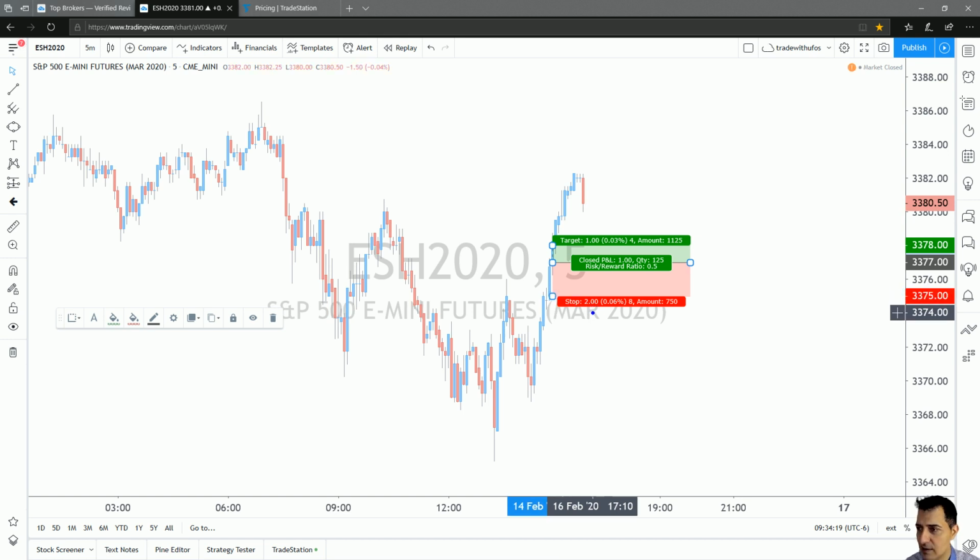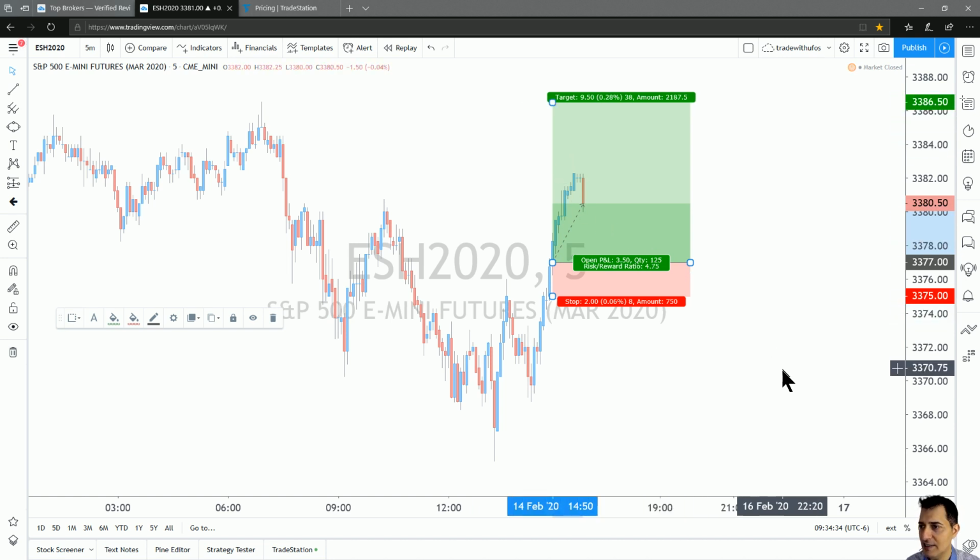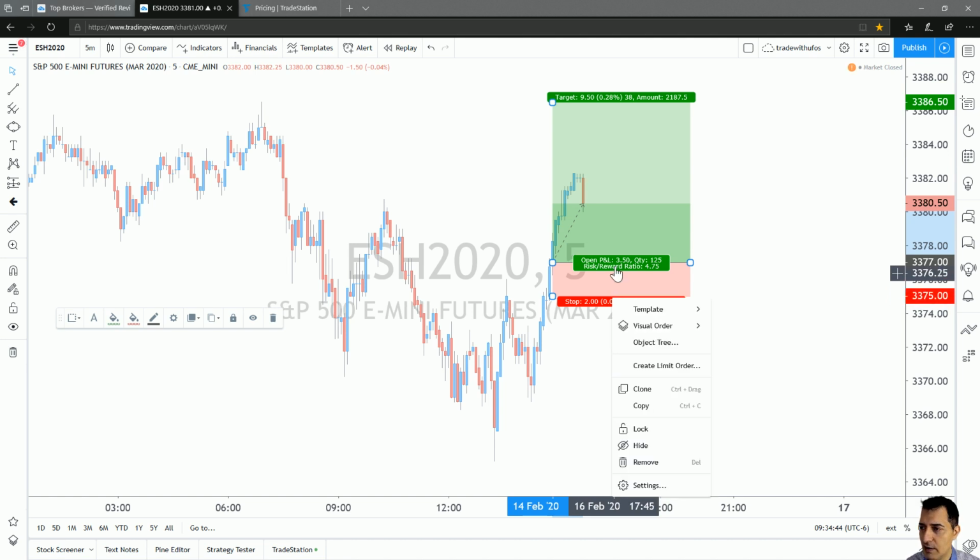So entry 77, stop 75. And let's say your target is all the way there. That's your trade. Apart from being very visual, you can publish it like that and people would see it. You can also right click and create an order.